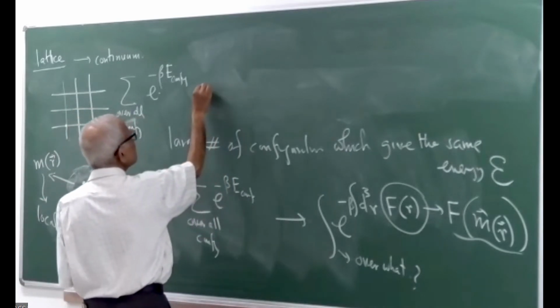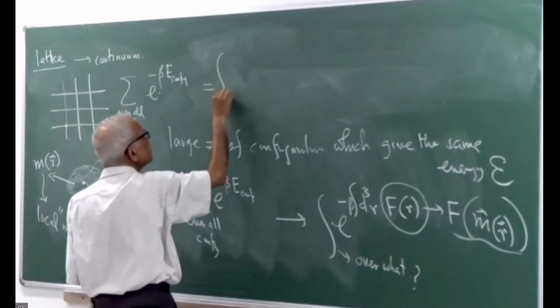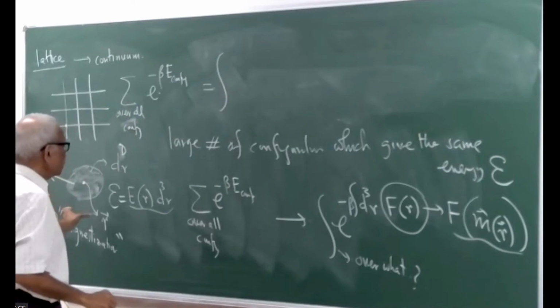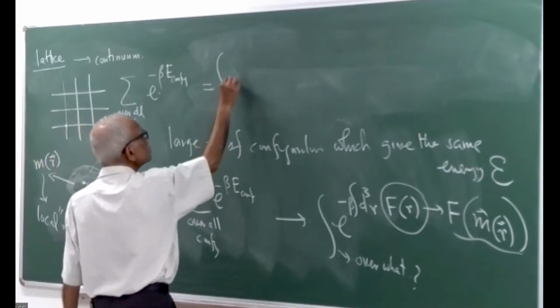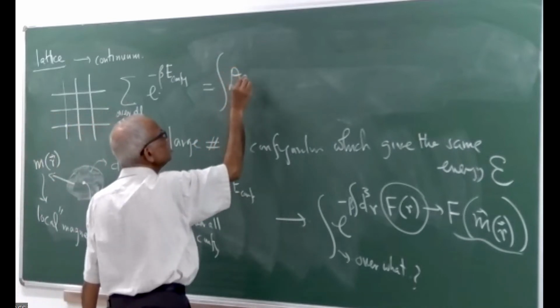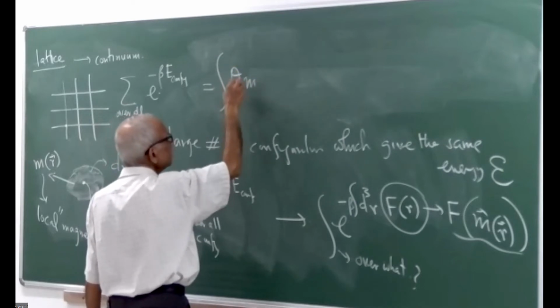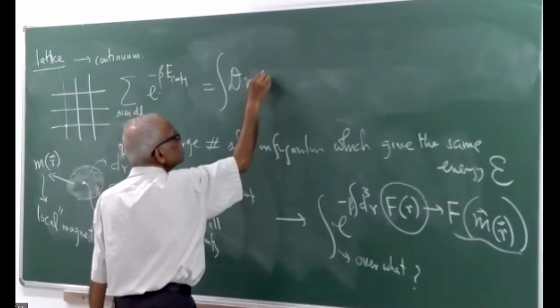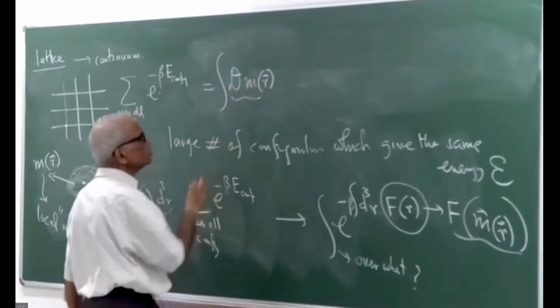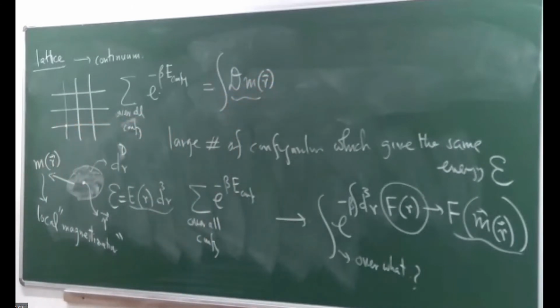So this is a sum over all configurations. A sum over all configurations is an integral where the differential is written like this, dm of r. So all local magnetization, specifying that means I have to specify a function.